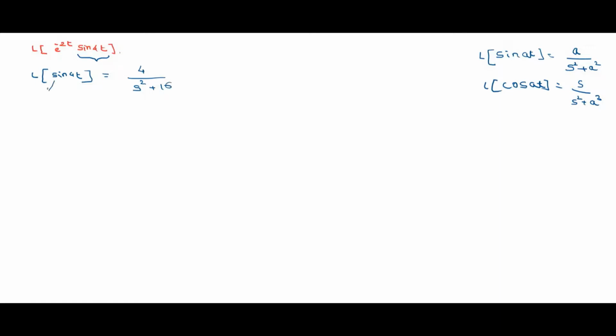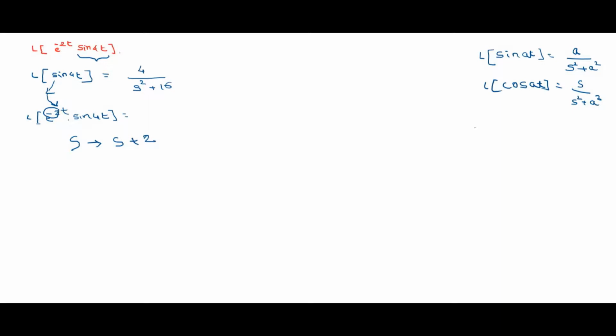But if it is multiplied with e raised to minus 2t, Laplace transform of e raised to minus 2t into sin 4t is equal to, then s changes to s plus a value, which is 2, because this is the value for a.